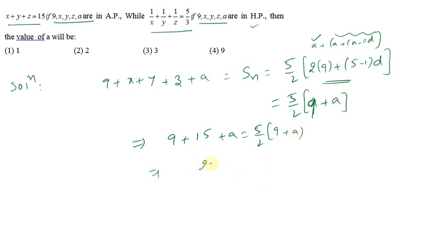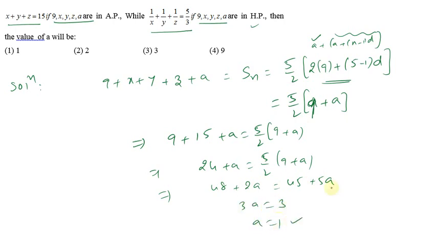So how much are you getting? 24 plus a is equal to 5 by 2 into 9 plus a. So here 48 plus 2a is equal to 45 plus 5a. So 3a is equal to 3, a is equal to 1.